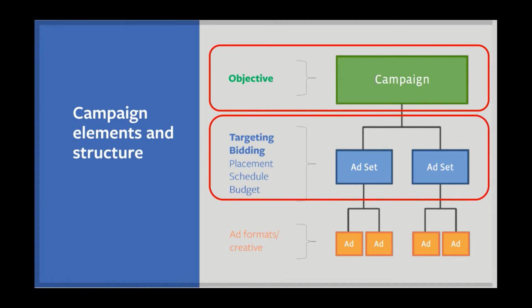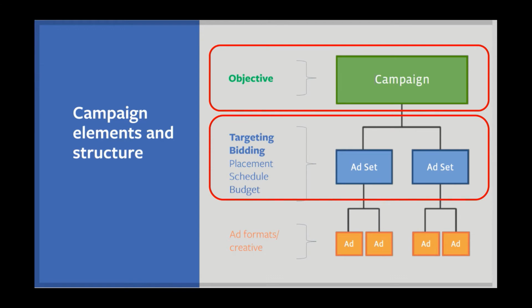The ad set is where we set 5 main things. The first is targeting, where we can define different demographics, age, location, interest, and much more. If you want to target different audiences under one campaign, then you just need to set up a different ad set for each audience, so you can have multiple ad sets under one campaign. Next is bidding.